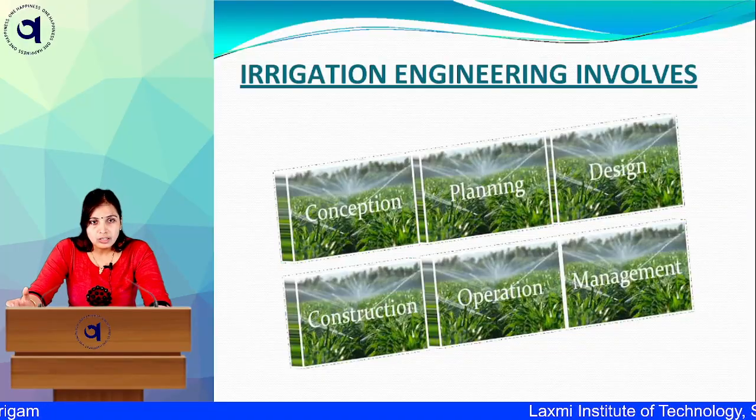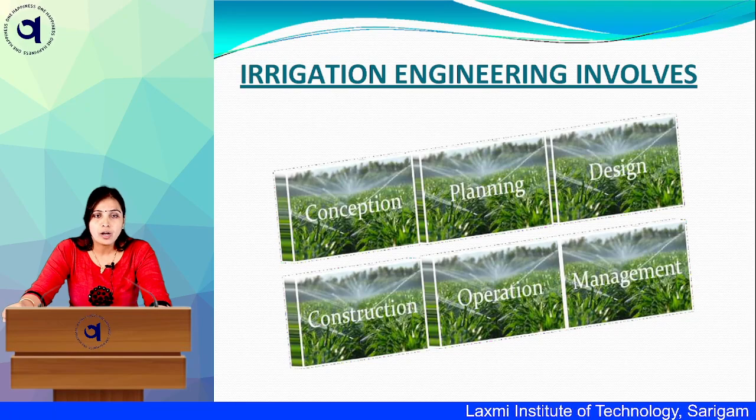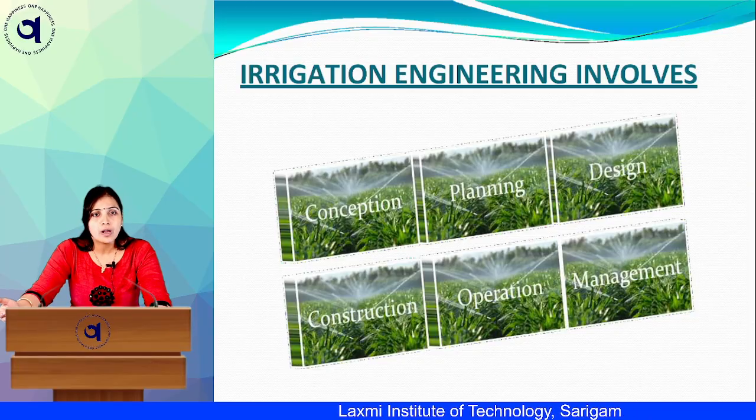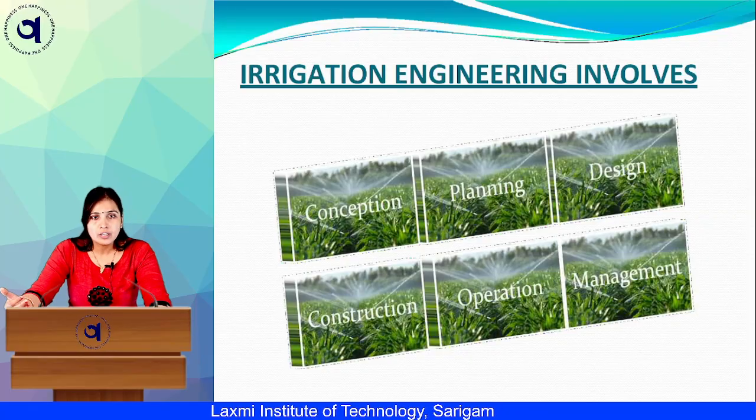So what does irrigation engineering actually involve? It involves conception, planning, design, construction, operation and maintenance. Conception, that is, how it occurs; planning, how we can do it, like if you have land in some rural area, how we can lay out the canal to the rural area.